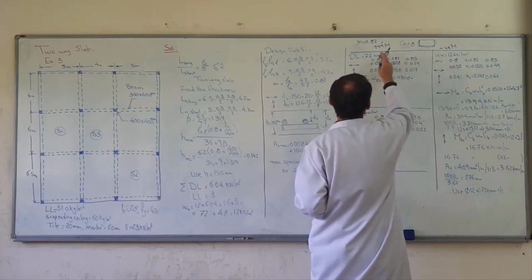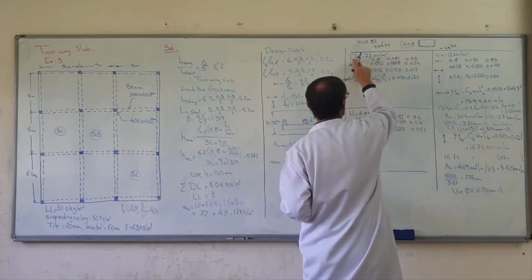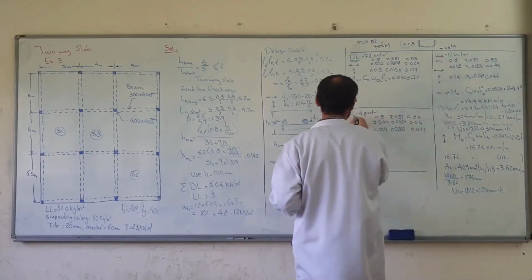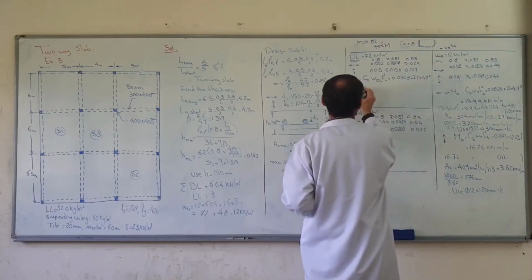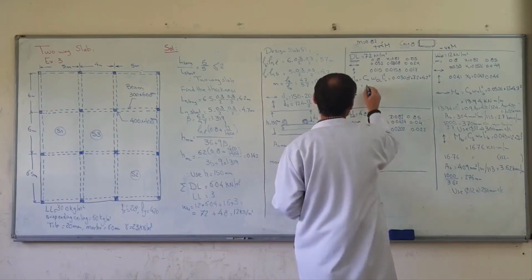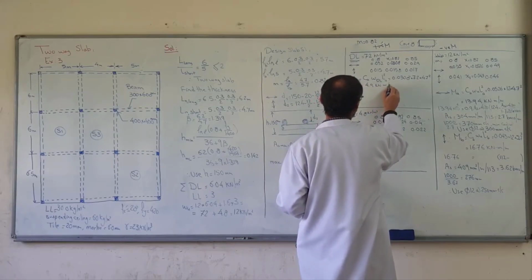Times W, which is 7.2, this is just for dead load, times the short span square. The moment is equal to 12.9 kilo Newton meter per meter.